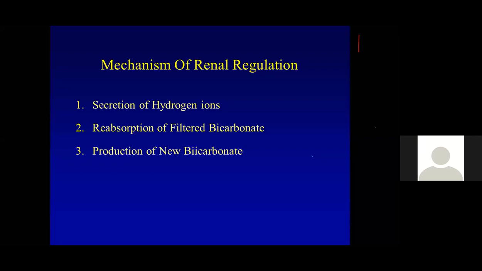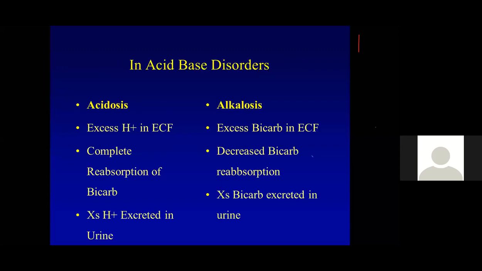One is hydrogen ions. Second, it will either excrete the bicarbonate or produce the bicarbonate to maintain the normal pH. Now you saw what the lungs do. We'll see in the same way what the renal system does when there are acid-base disorders.